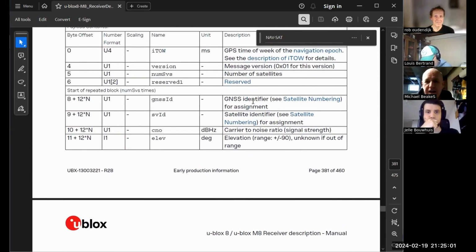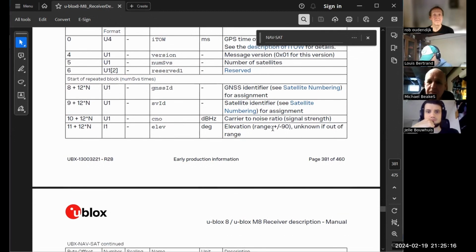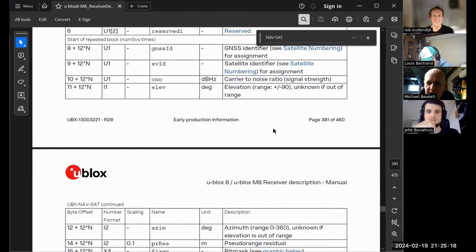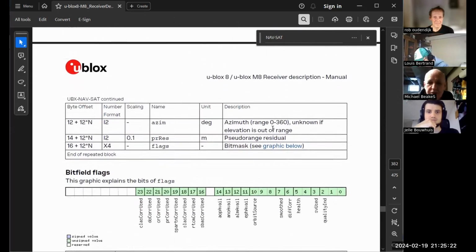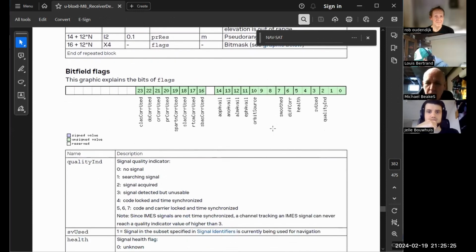The GNSS identifier is only good for GNSS satellites. The satellite identifier is what we use, and then there's the carrier to noise ratio, which is signal strength. Right now, I'm really not concerned about elevation or azimuth, unless we were actually going to do something with those. But the bit mask is 4 bytes of data. It's actually only 3.